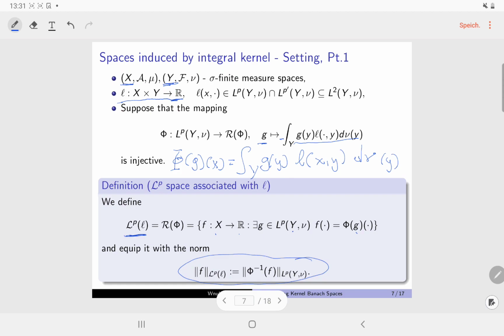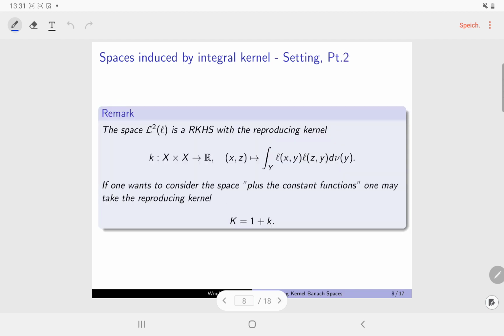All right. So let us stop for a moment and think a little bit about what happens in the case p equal to 2. One can see quite easily that in that case, L^2 of L is just a reproducing kernel Hilbert space, and the reproducing kernel sends point (x, z) to the integral of L(x, y) L(z, y) with respect to y.